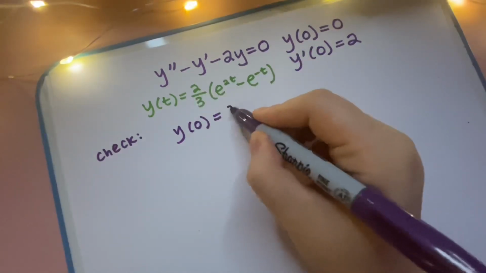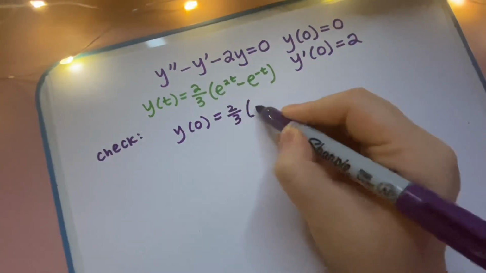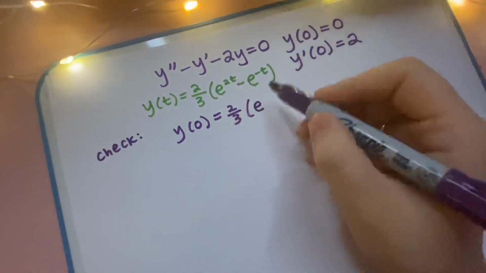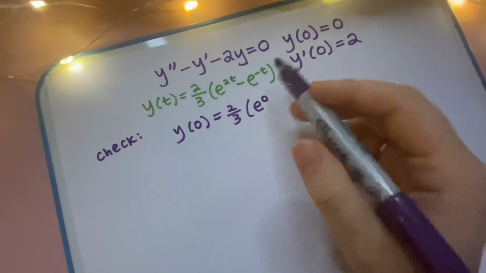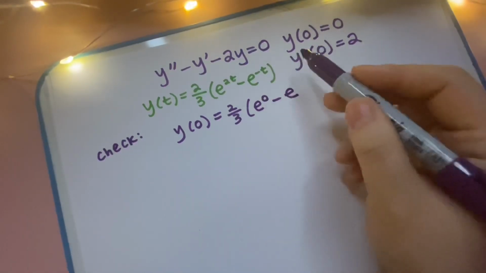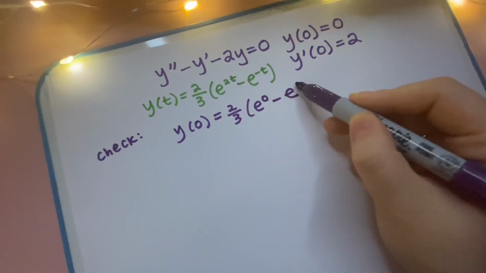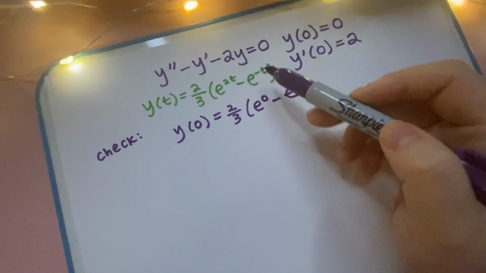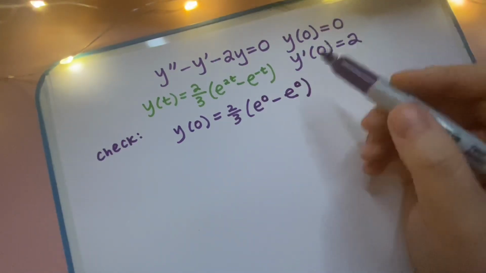So I have 2/3 e to the 2 times 0, and 2 times 0 is 0, so you have to do an order of operations, minus e to the negative 0, which is just 0. Doesn't even really make sense. 0 is not negative nor positive, so negative 0, it's just 0.